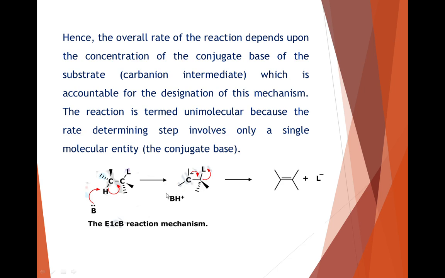So ultimately, when this electron pair comes here, the electronic charge of this carbon becomes high, so that it eliminates the leaving group. The leaving group, which is attached to the beta carbon, is getting eliminated, and you will have the double bond here.